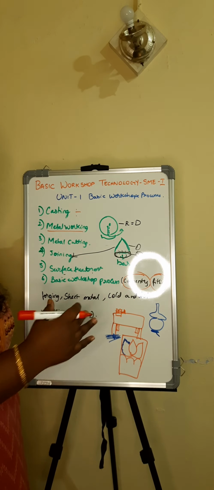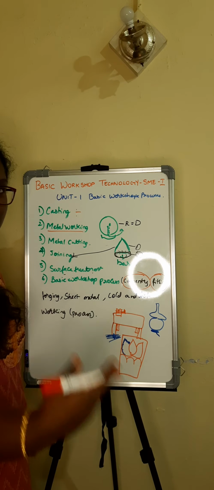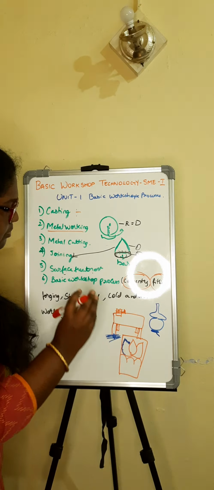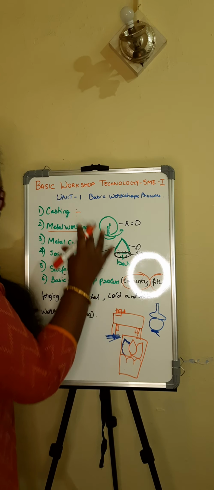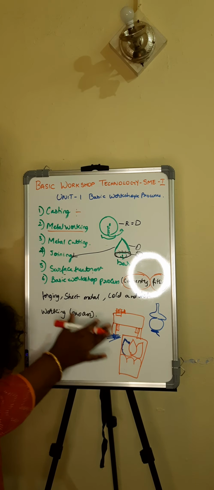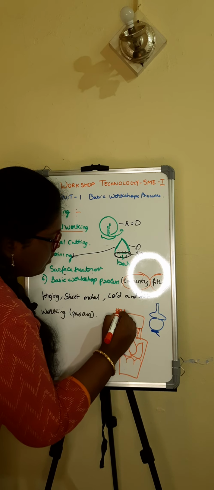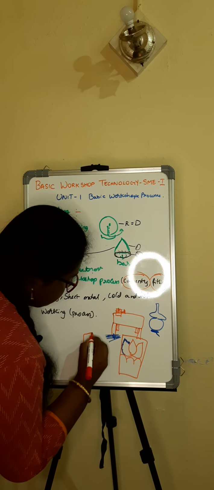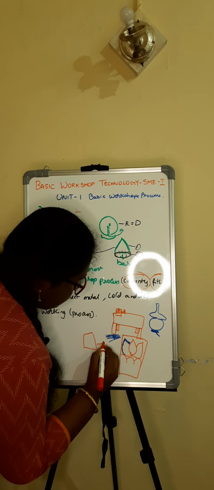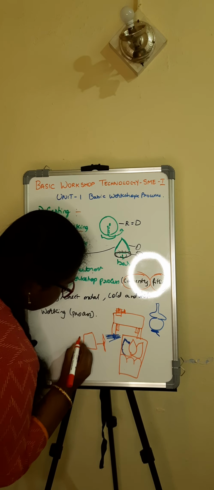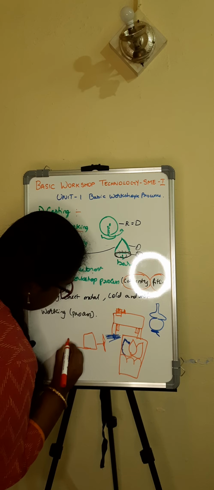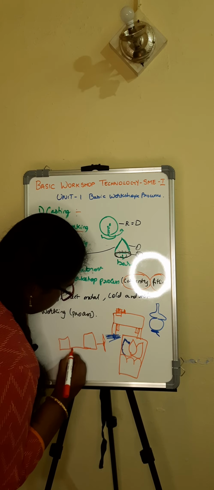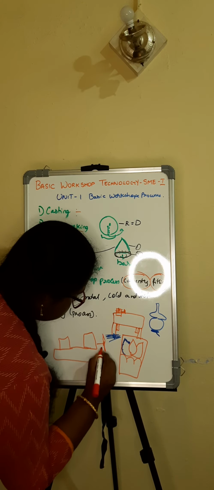I will explain you in another video. This is just telling you guys about the first basic workshop only. In this we have to keep the metal piece like this. This is going to be your handle here. In this we are having two types.